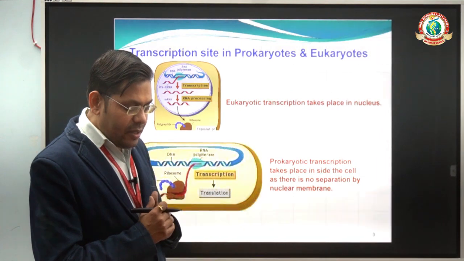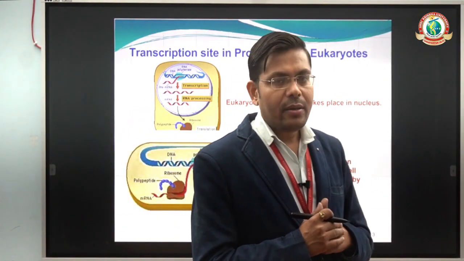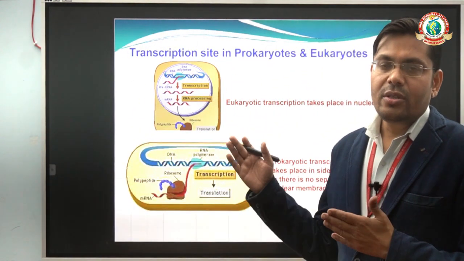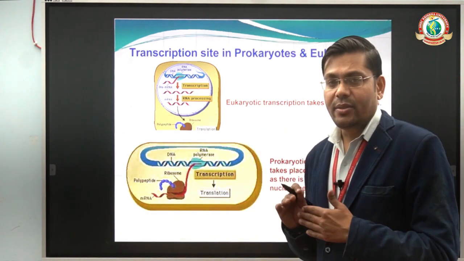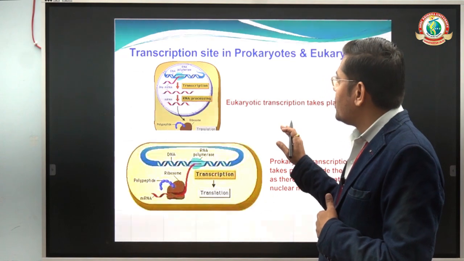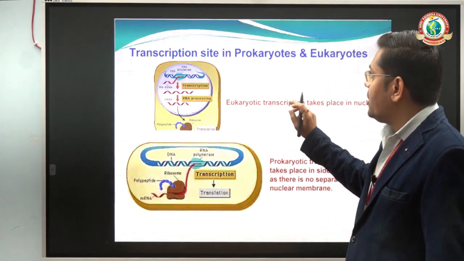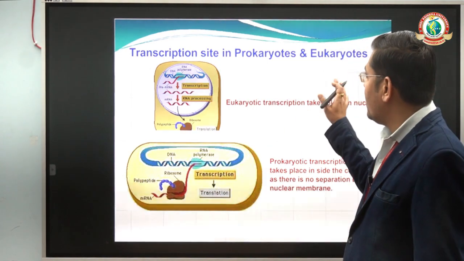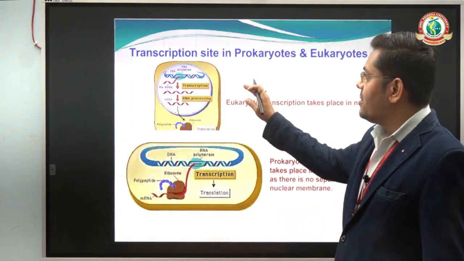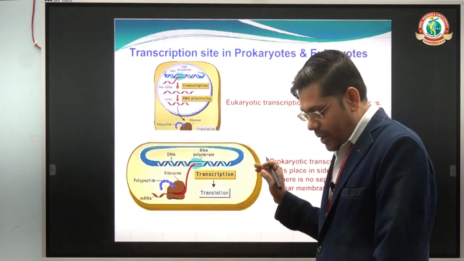So, the first important thing is where in the cell the process of transcription takes place. Transcription in prokaryotes takes place in the cytoplasm of the cell, while in eukaryotes it takes place inside the nucleus. Why?